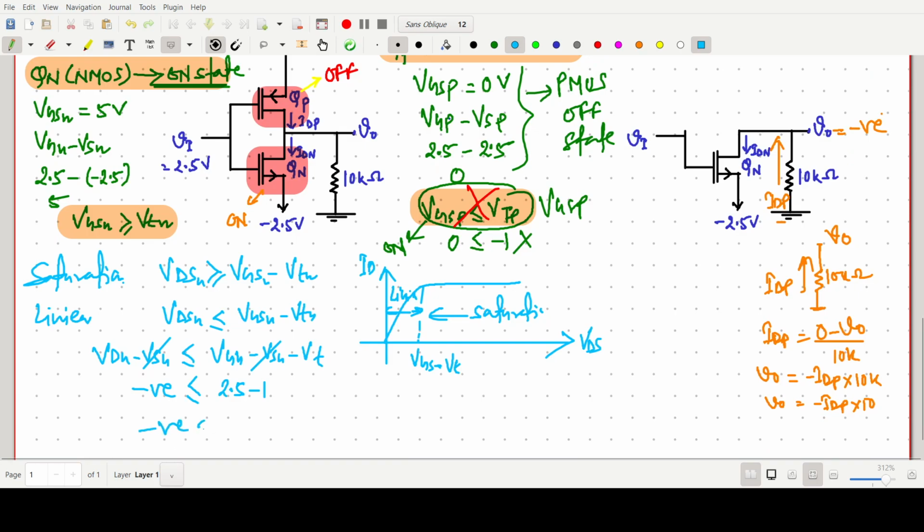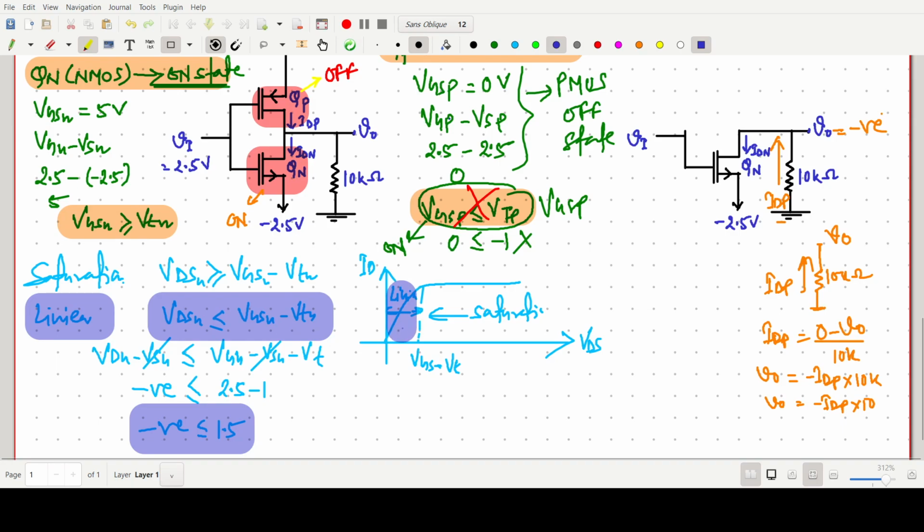This should be negative and this should be 1.5 volt. So the device is in the linear region. Because this VDS is less than or equal to VGS minus VTN, this is the linear condition.